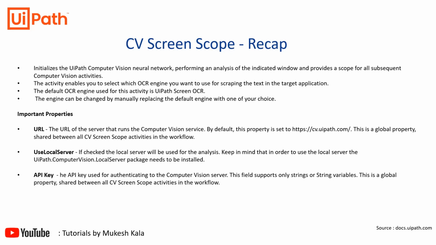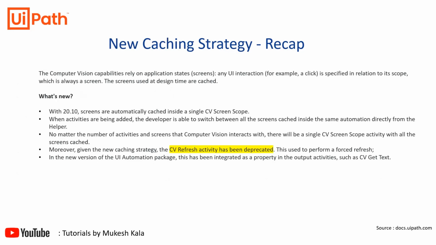In the first video, we covered its importance, how to get the URL, what the API key is, and all of this. In case you are looking at this video for the first time, I request you to go and watch the first video where we configure the CV screen scope. The link of the video is available in the description.